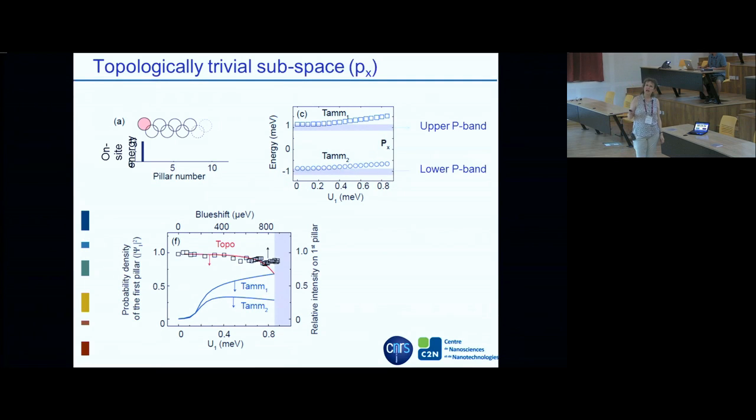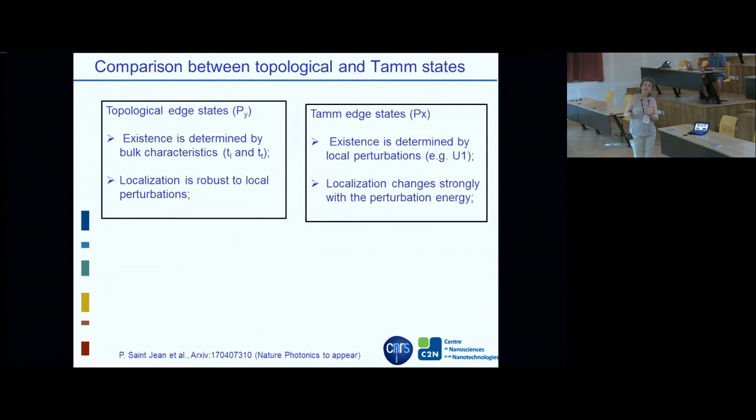Okay? So the conclusion is that when we look at this end state, its existence is determined by topology, so by the bulk edge correspondence. It's really related to the bulk characteristic, and its localization is quite robust to local perturbation, even if you start to break chiral symmetry. And this is very different from the Tamm edge states, which are trivial from the topological point of view, whose localization is governed by the perturbation you introduce, and changes a lot with the perturbation.